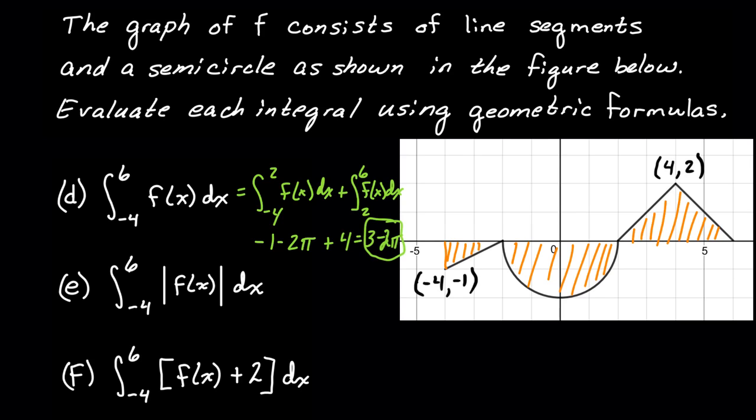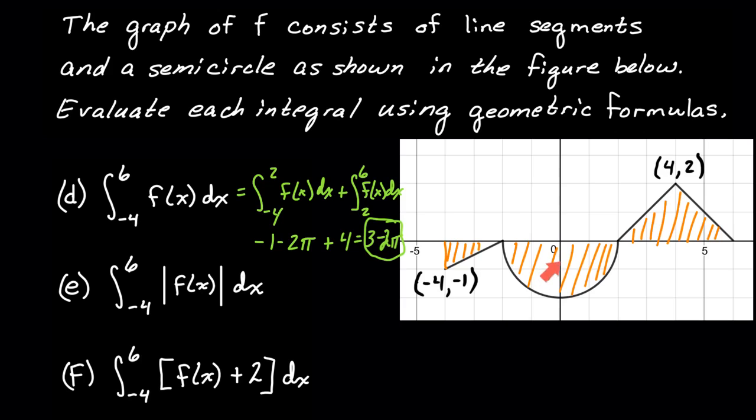Okay. Now the next problem says absolute value, which, if you recall, absolute value takes whatever is inside and makes it positive. So that means these negative areas become positive areas here and here. Anything that's already positive just simply stays positive. So this will be a positive 1 now.